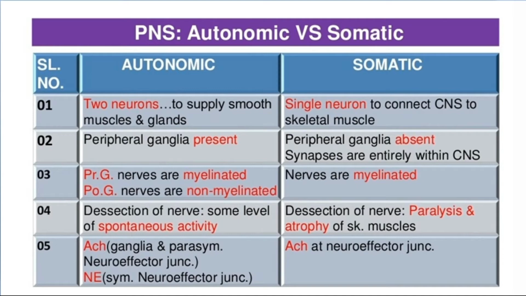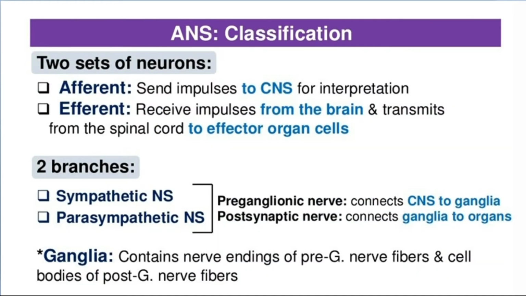ANS classification: 2 sets of neurons, afferent and efferent. Afferent send impulses to CNS for interpretation. Efferent receive impulses from brain and transmit from the spinal cord to effector organ cells. They have 2 branches, sympathetic nervous system and parasympathetic nervous system.